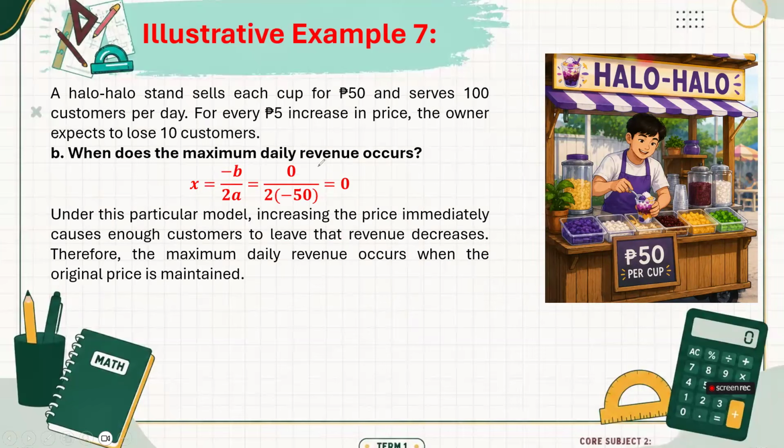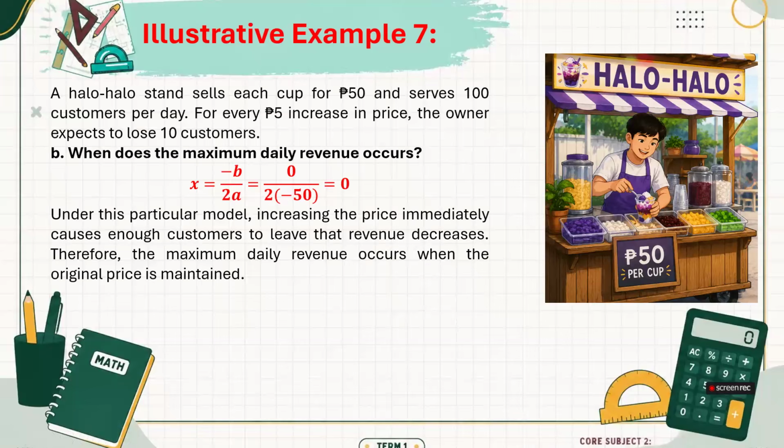When does the maximum daily revenue occur? Using the formula x is negative b over 2a, that is 0 over 2 times negative 50, and that gives us the answer 0. So under this particular model, increasing the price immediately causes enough customers to leave that the revenue decreases. Therefore, the maximum daily revenue occurs when the original price is maintained.